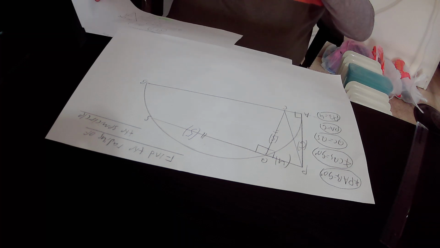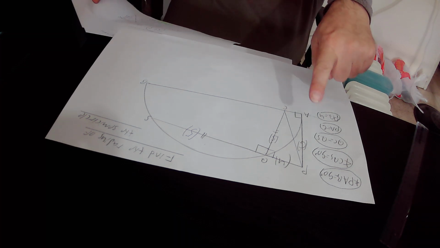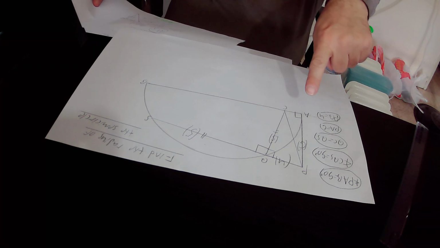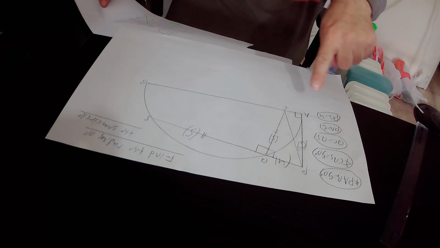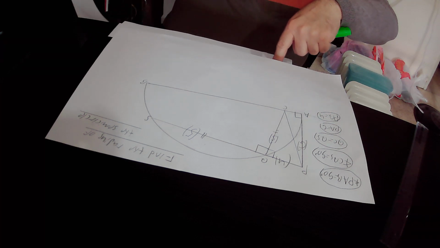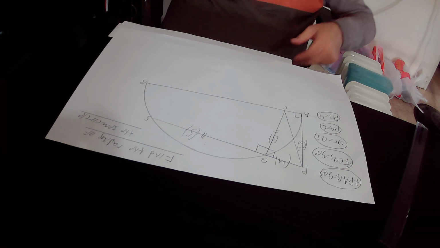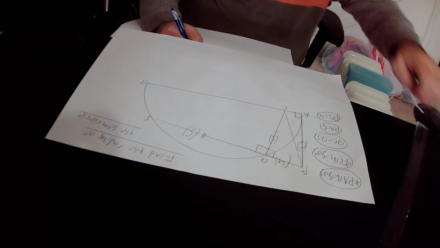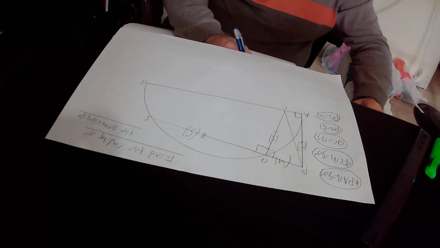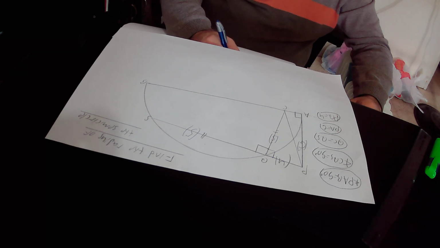In the next step, I will copy the right triangle PAC in a new page, and we'll implement the Pythagoras theorem in this right triangle PAC. Here PT is the abbreviation for Pythagoras theorem.